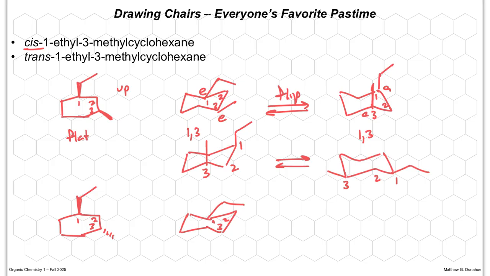And then because the 3 position is now down, on this down carbon, the bond is axial. So we have 1 equatorial, 1 axial. Which means that when we flip it, we're going to end up with the same thing. One's going to be axial, one's going to be equatorial.